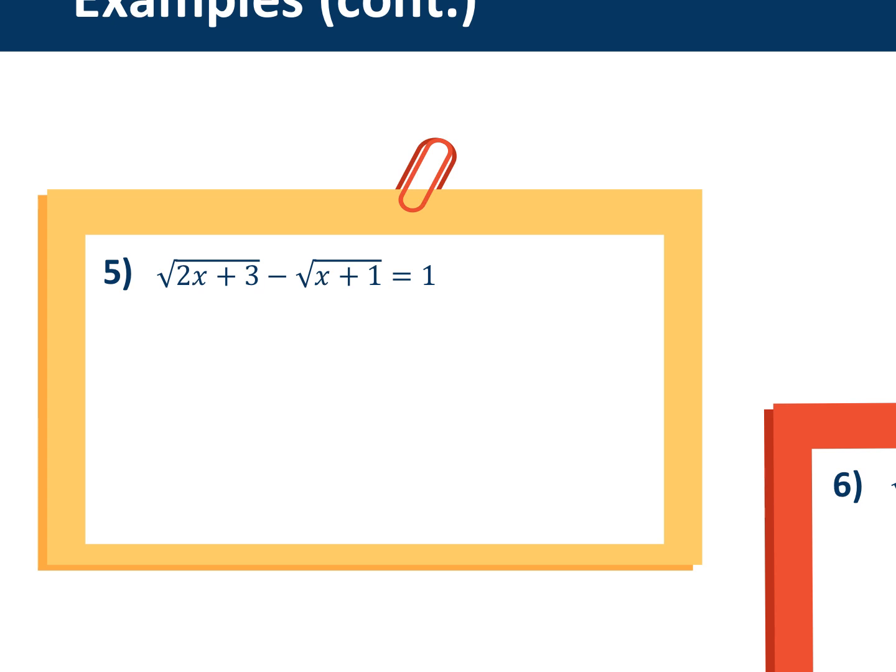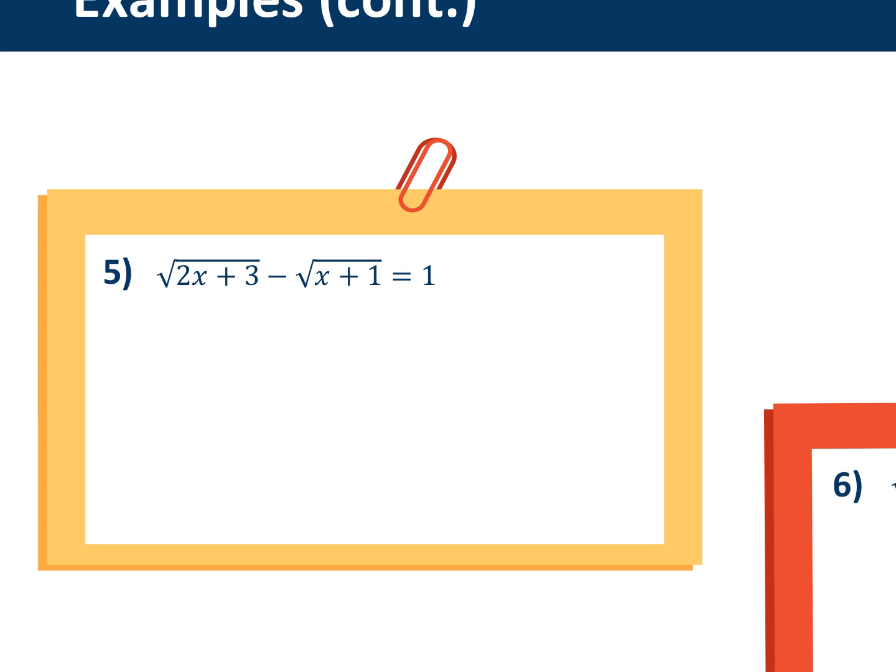So the first thing that you want to do is always get one radical by itself. Now this one's a little bit different because you have two radicals, so let's start just by getting one of them by itself. The reason this one's so tedious is it's the same process as always, just a little bit tedious because you have to do it twice.